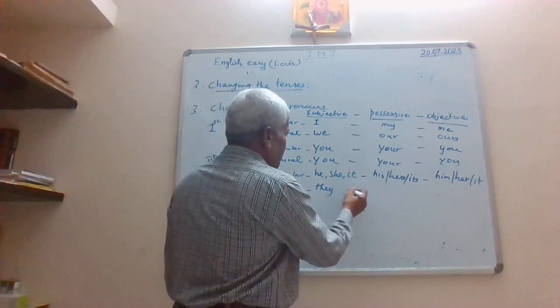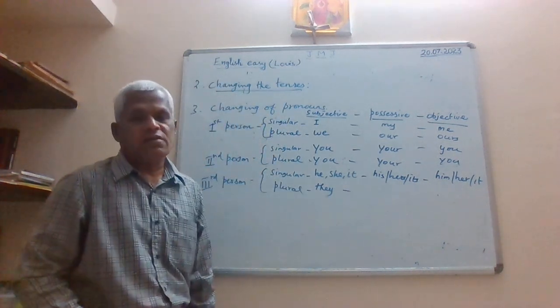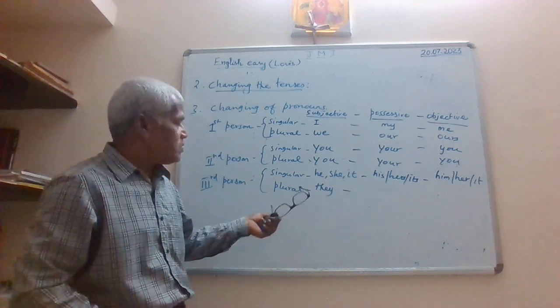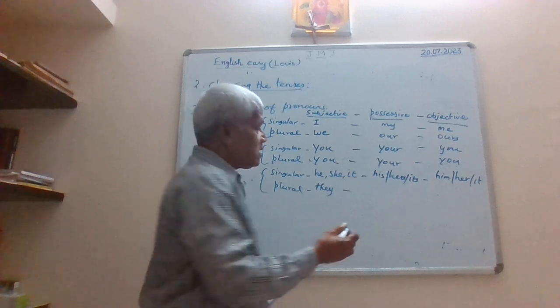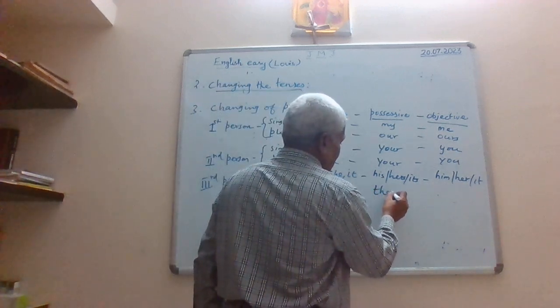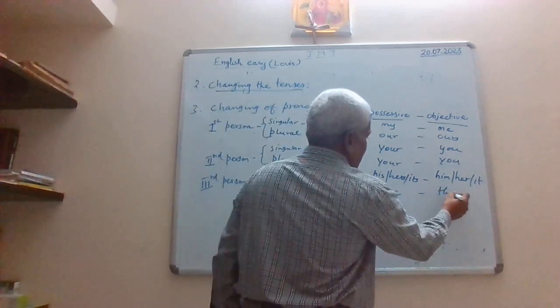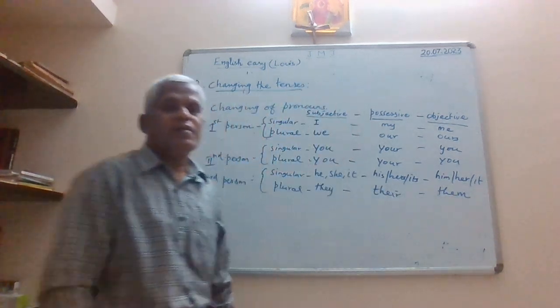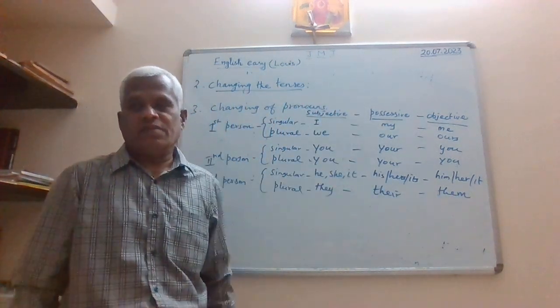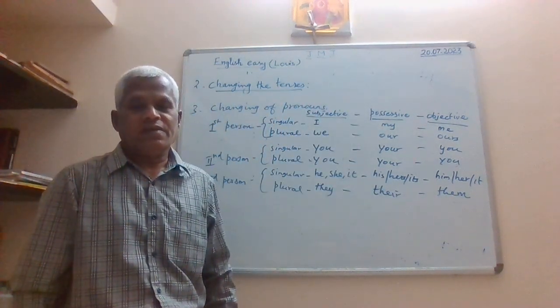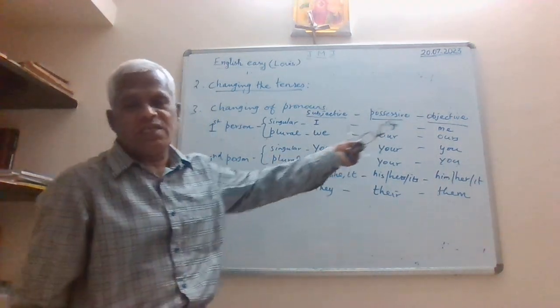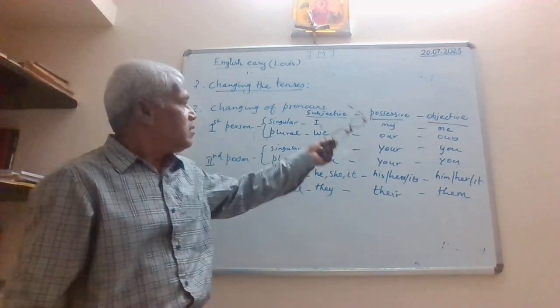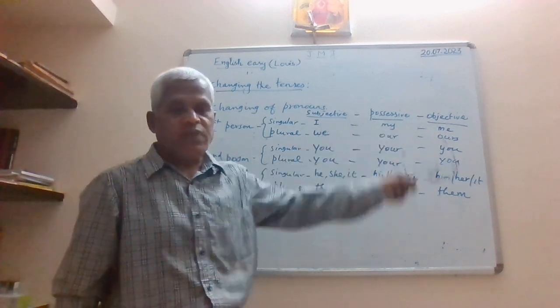Lastly, you have the third person plural. For possessive, it is their. For objective you have them. It belongs to them. So these are the various pronouns in various cases. We call them subjective, possessive and objective.